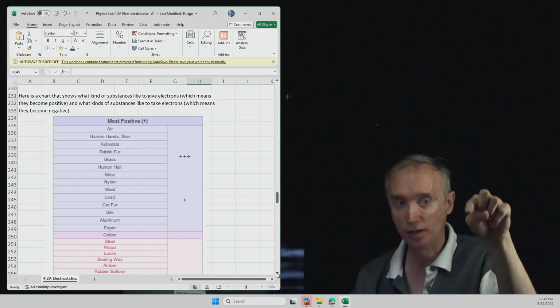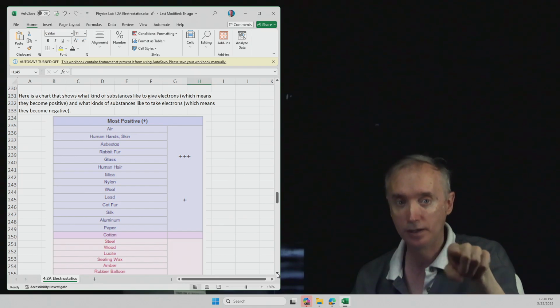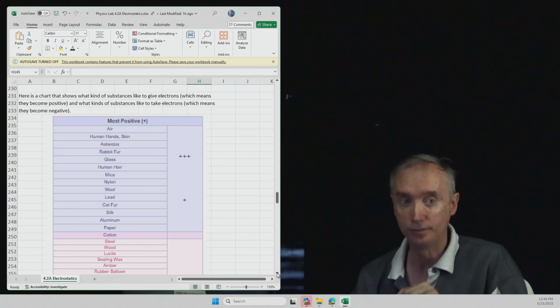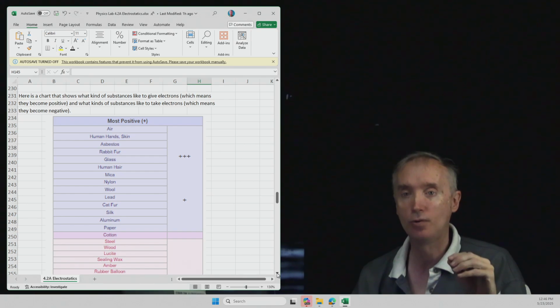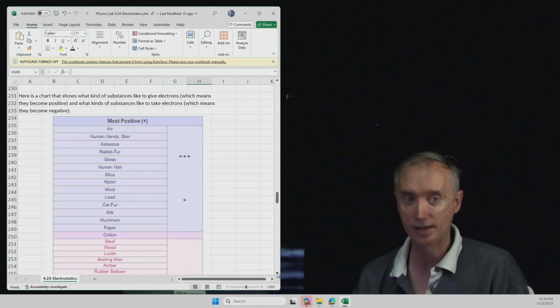Now the closer that you get to that pink line there, cotton, what happens is that they don't want to lose the electrons as easily. So that by the time that you're down to paper, it doesn't really like to lose electrons, but it will lose electrons, just not as many.